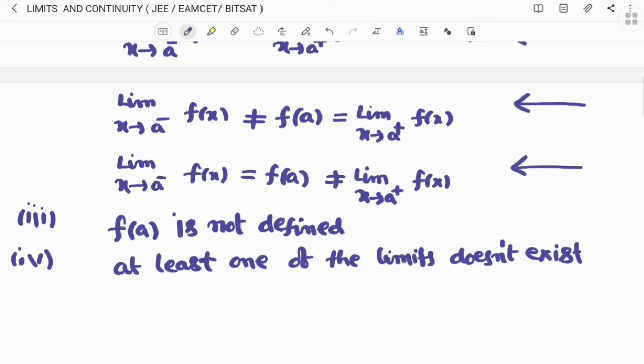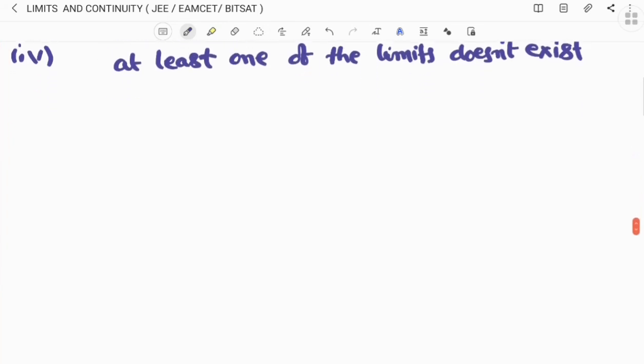Let us take an example based on an objective question.